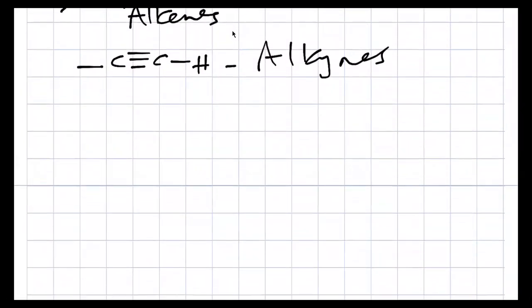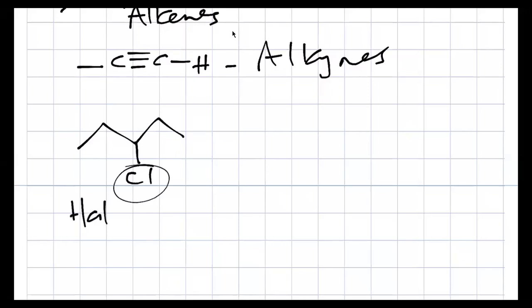Somebody tell me what this functional group would be if I have an alkyl chain with a halogen on it. This is a halogen, by the way. Right, group 7: fluorine, chlorine, bromine, iodine, astatine, on the periodic table. What kind of functional group would that be considered?